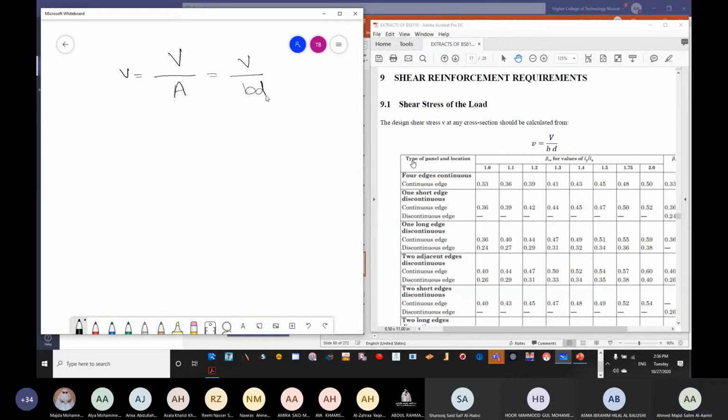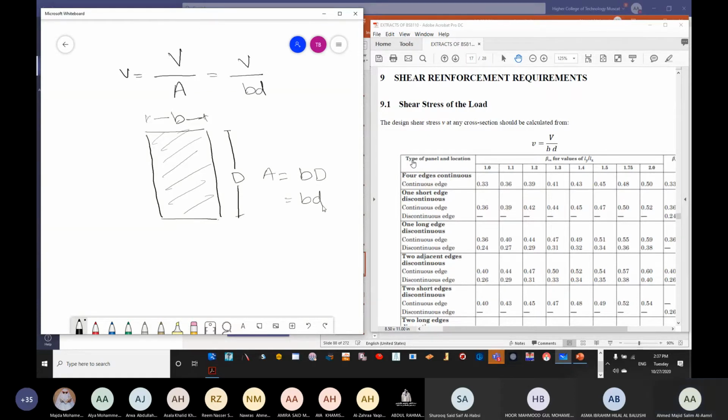Okay. Now, when we talk normally, if we take a section, taking into account that this is my D capital, and this is, for example, my B value, normally we say the area of the section is equal to B into D capital, or is it B into D small?